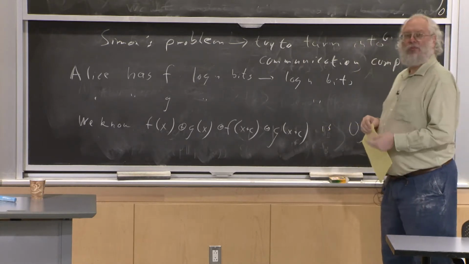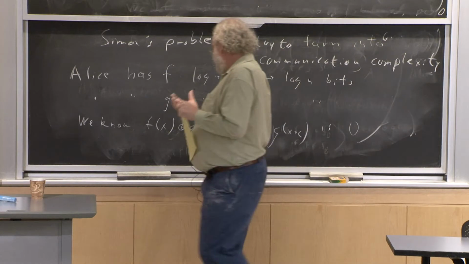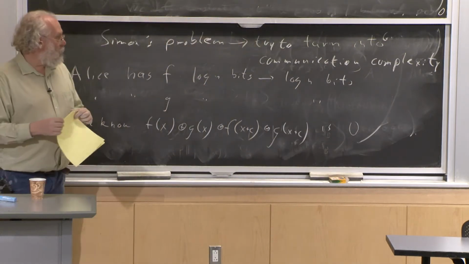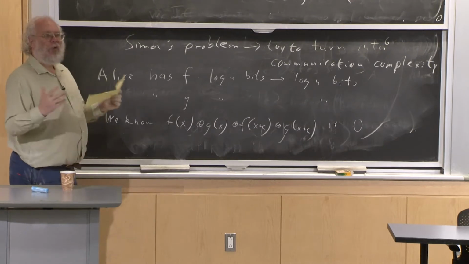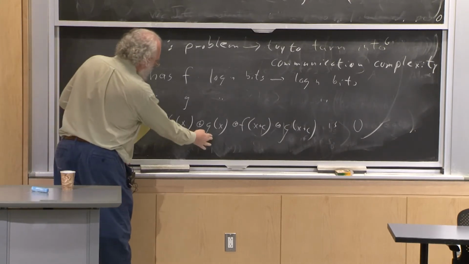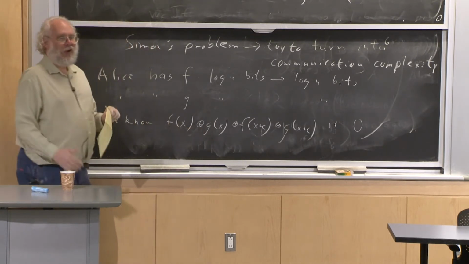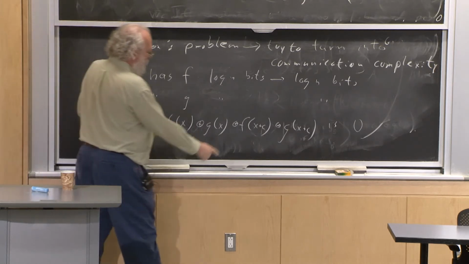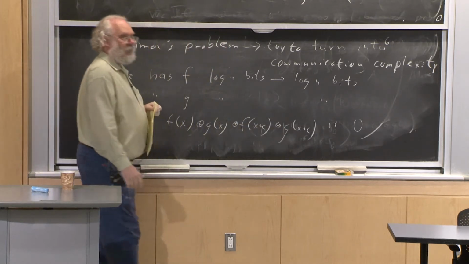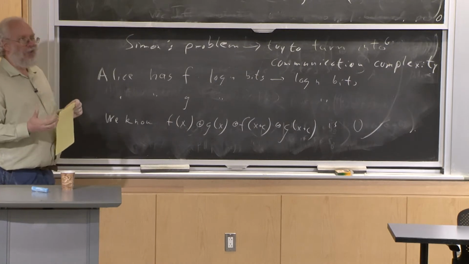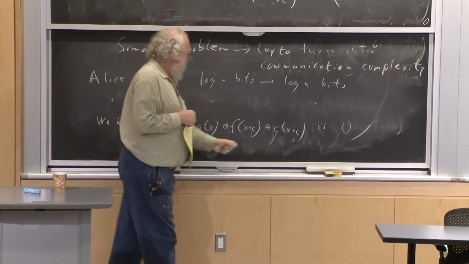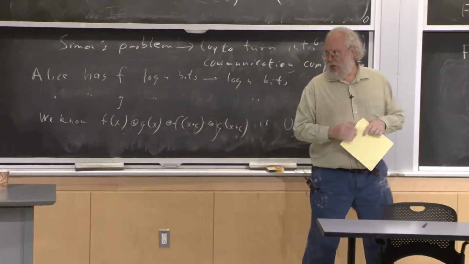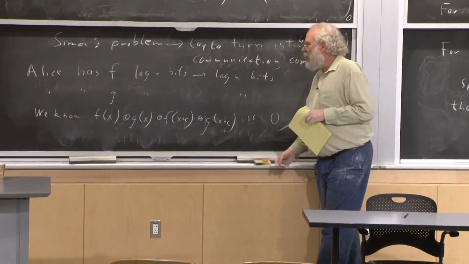Because remember, Simon's problem, F of x was equal to F of x plus c. So here what we're doing is we're taking F of x plus G of x instead of F of x, and F of x plus c plus G of x plus c instead of F of x plus c. And when you take the exclusive OR of all 4 of these things, you want to get 0.